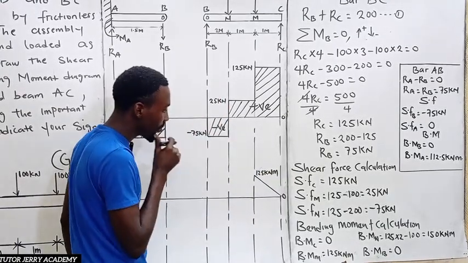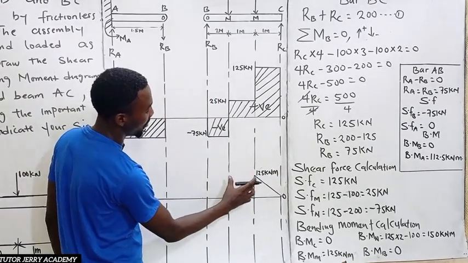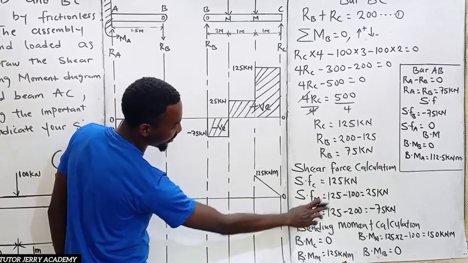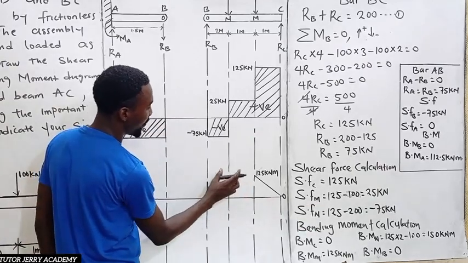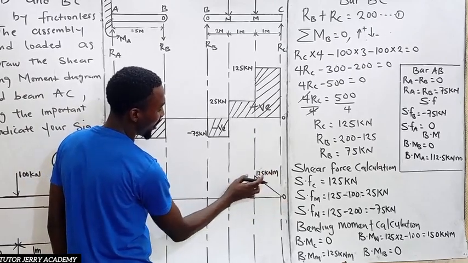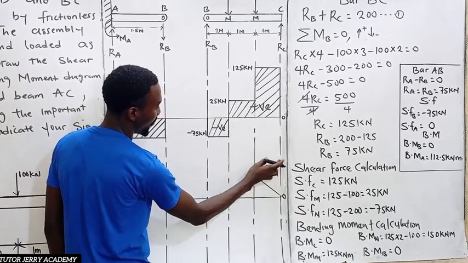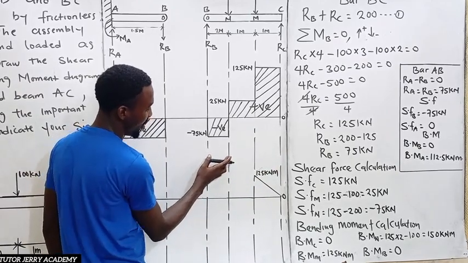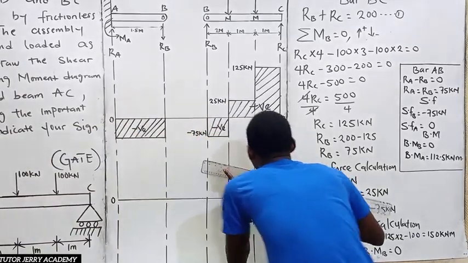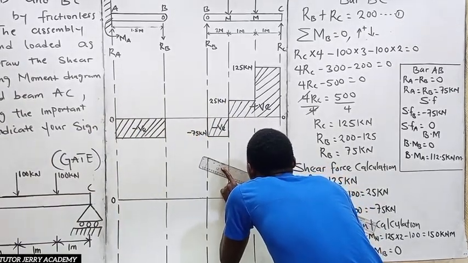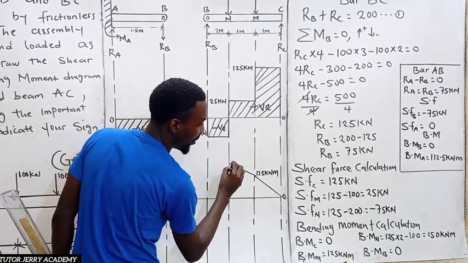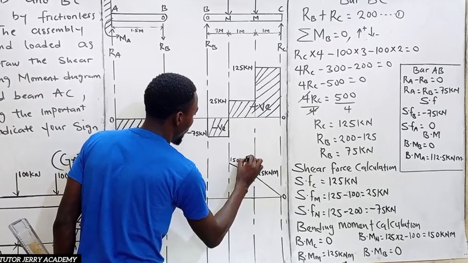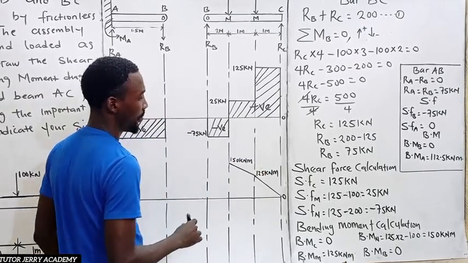All right. So now, the bending moment at point N is 150. You know, if from here this is 125, then 150 will be somewhere around here. So let's just put it somewhere here. All right, let's just take it like this. It will be 150 kilonewton meter.